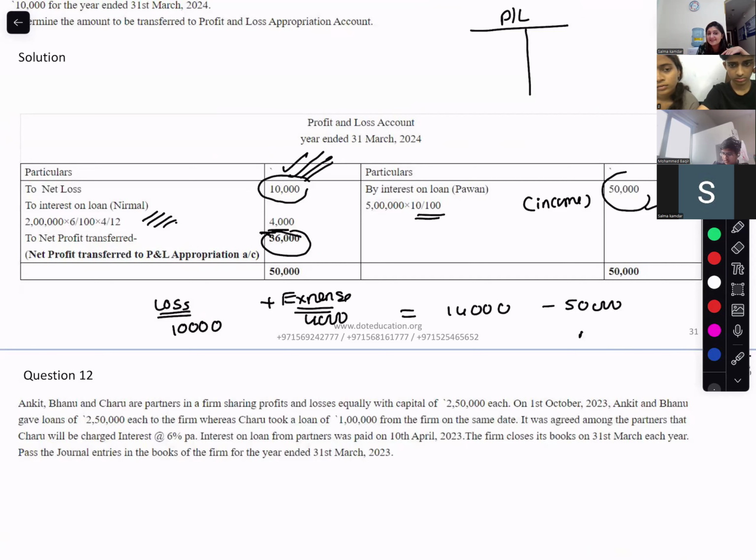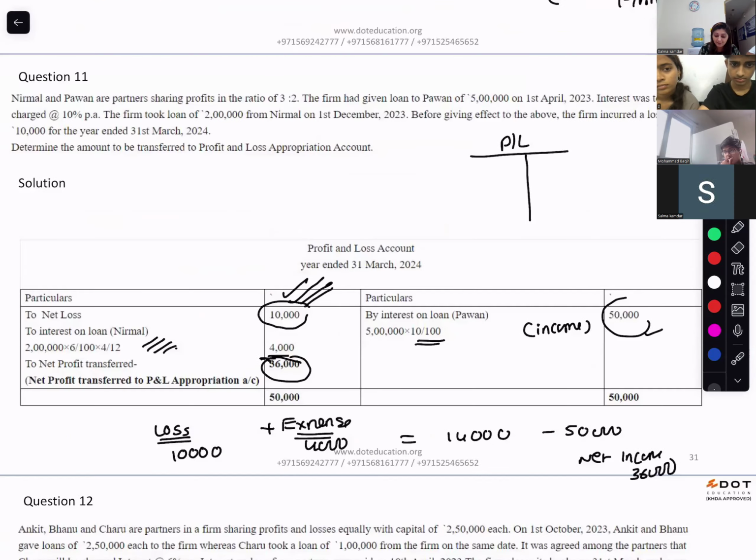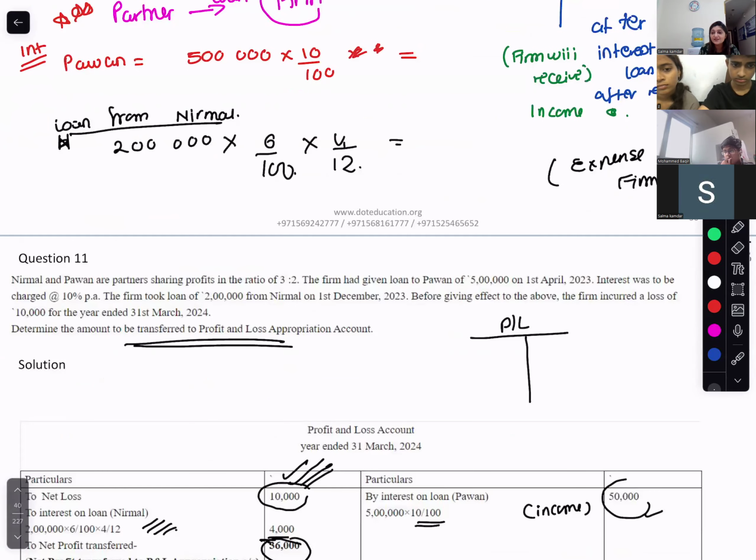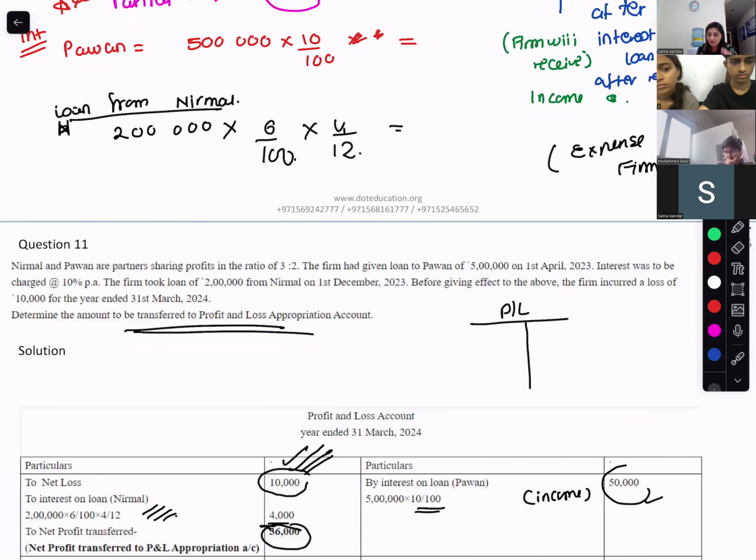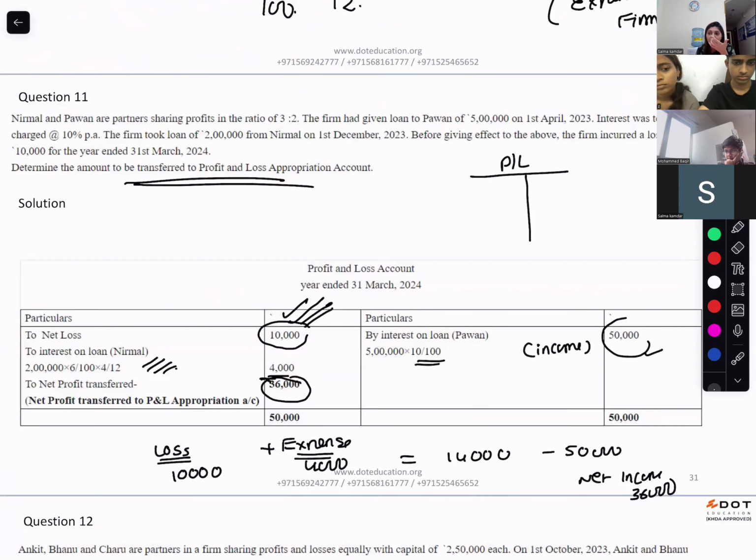So the firm has a net income of 36,000. Here the question was just to determine the amount to be transferred to the appropriation account. So you have to remove the charge against profits, and you have to add the income of the firm to get the amount transferred.